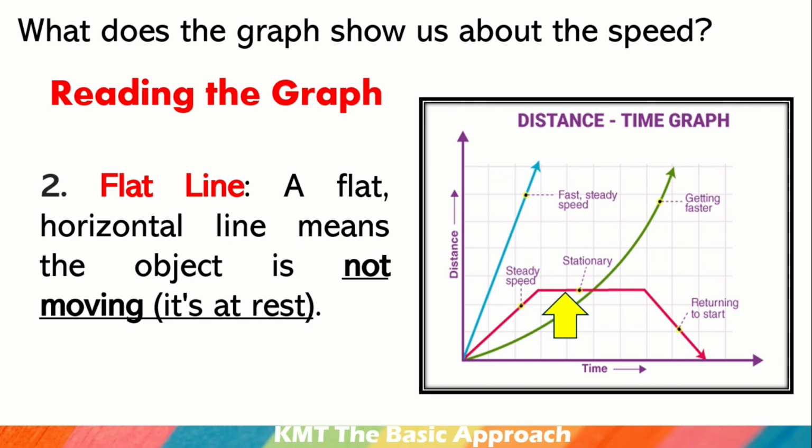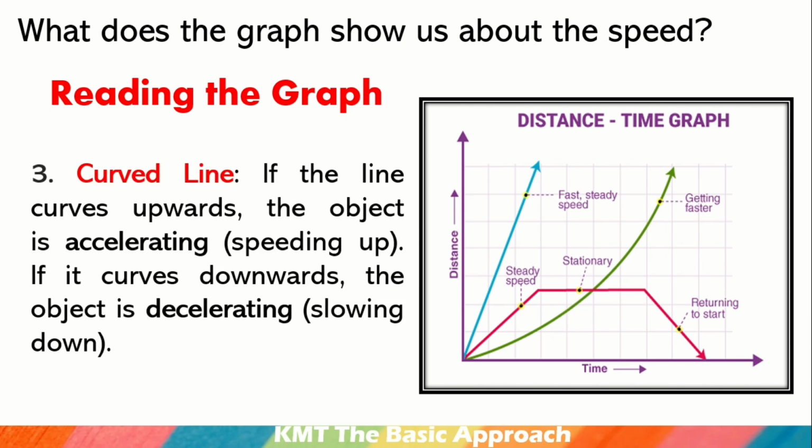A flat horizontal line means the object is not moving, it is at rest. Number 3, curved line. If the line curves upwards, the object is accelerating or speeding up. If it curves downwards, the object is decelerating or slowing down.